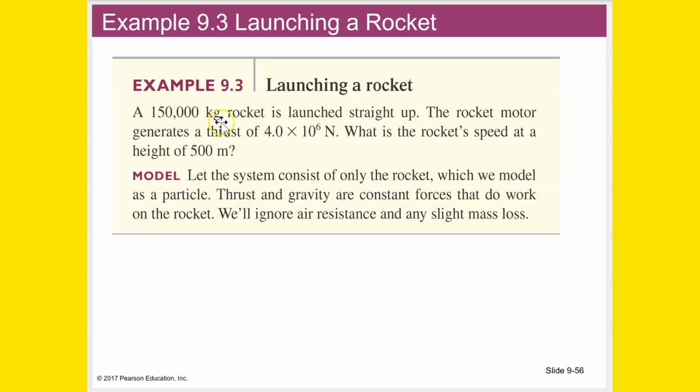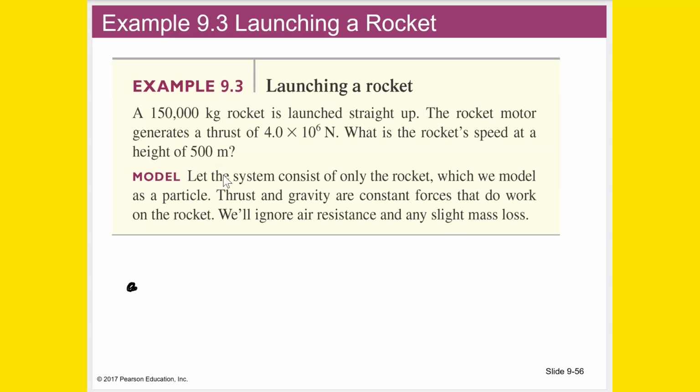All right, example 9.3, launching a rocket. A 150,000 kilogram rocket is launched straight up. The rocket motor generates a thrust of 4 times 10 to the 6 newtons. What is the rocket's speed at a height of 500 meters? All right, before this chapter, we would have done this as a free body diagram.